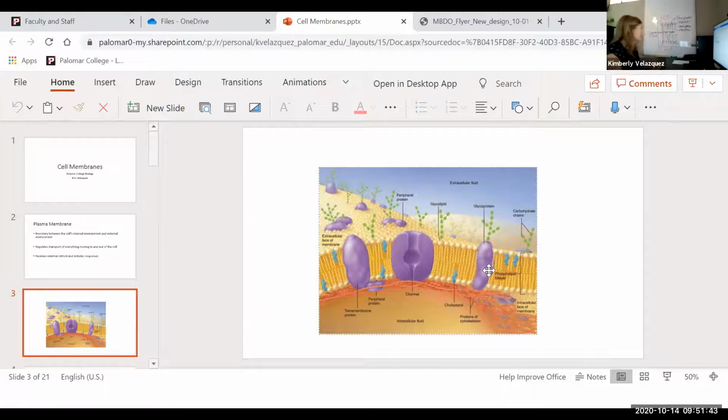And in the lecture videos, I talk about a really important glycoprotein called the MHC. So the MHC stands for major histocompatibility complex.